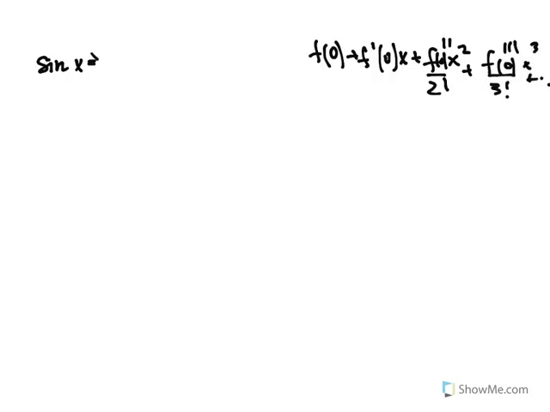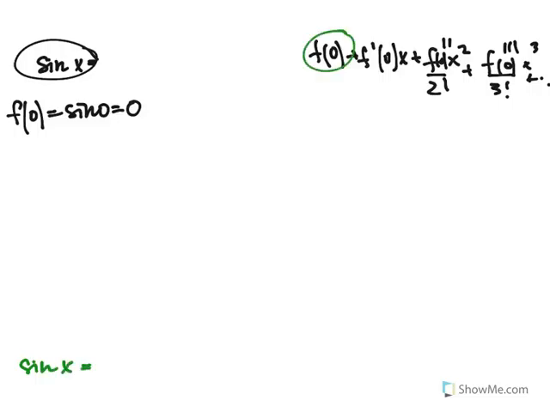So let's start with f of 0. Sine of 0 is 0. So the first element, we can actually start creating our polynomial somewhere here on the bottom. So the first element is 0.